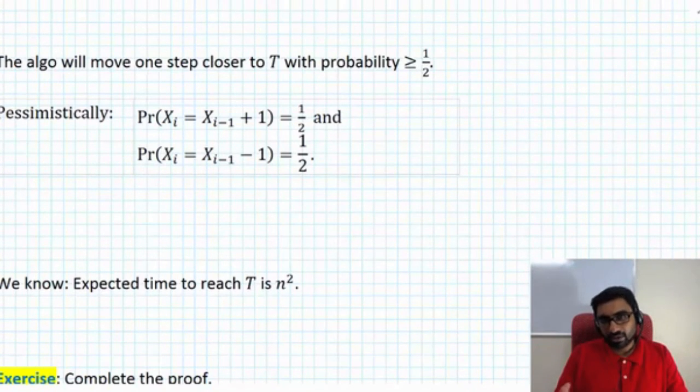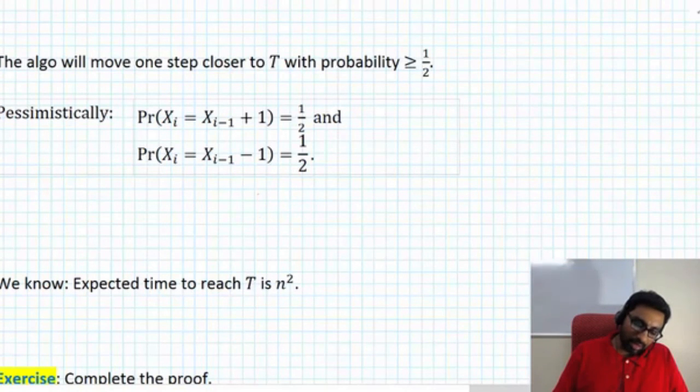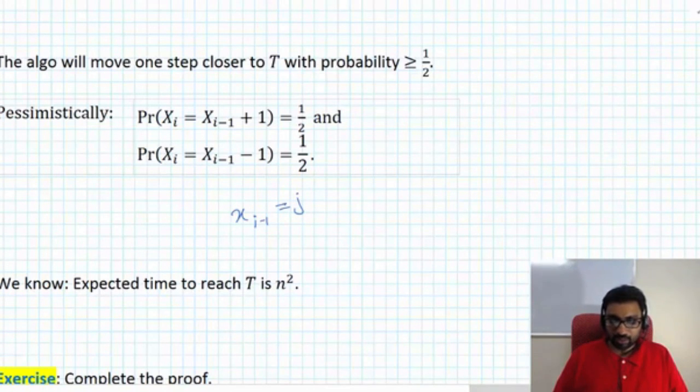So we're going to modify this just a little bit. We are going to be a bit pessimistic about setting up the random walk. Let's assume that xi minus 1 equals j. In other words, at time step i minus 1, we have j matches with the truth assignment T. Okay, so now what is the probability that xi equals j plus 1?